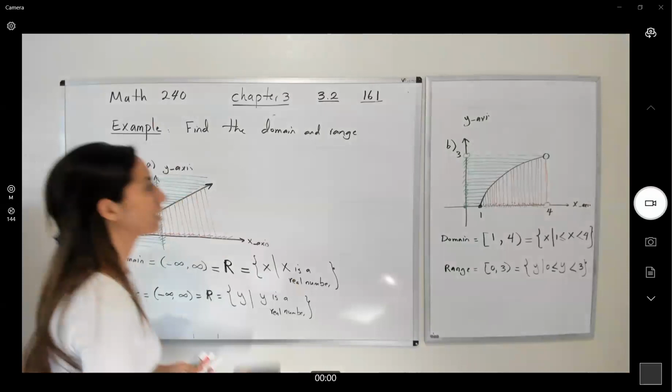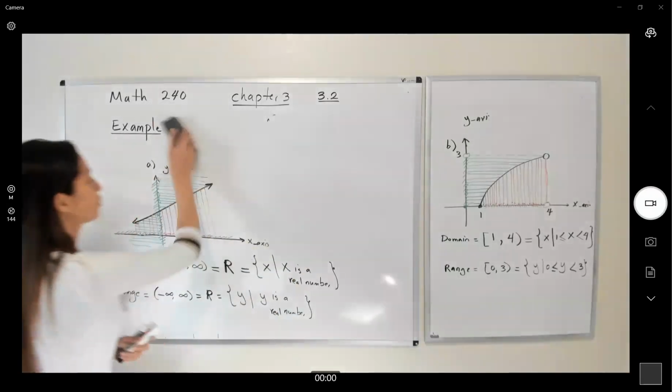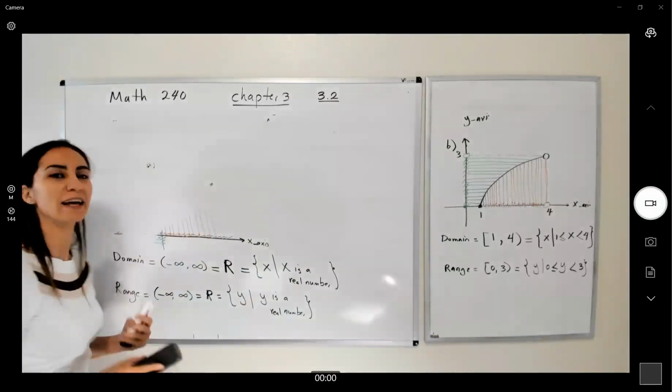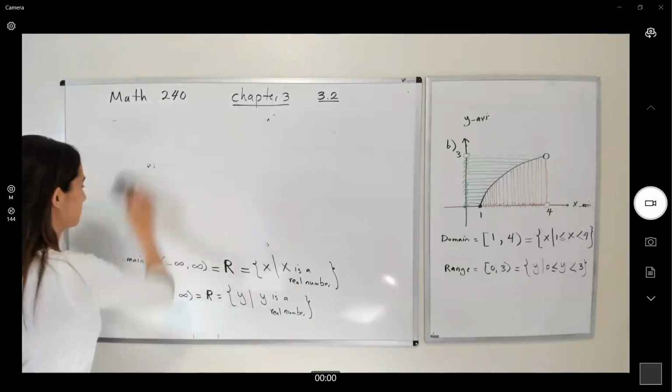Well, let us move on to the next page and talk about a function in general and how to evaluate a function.